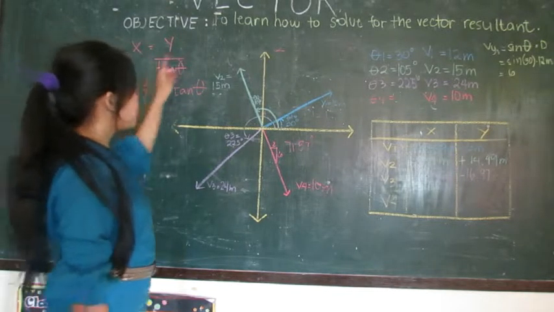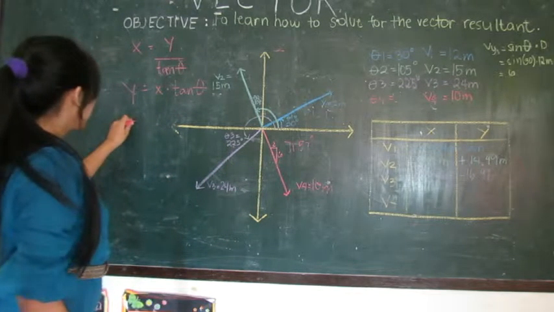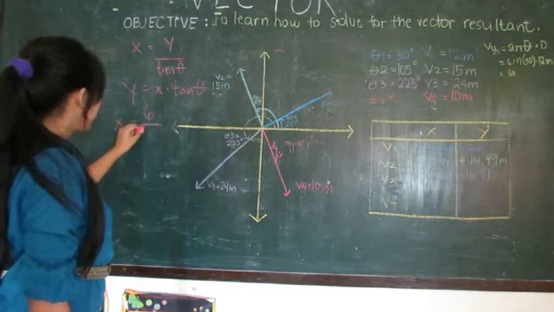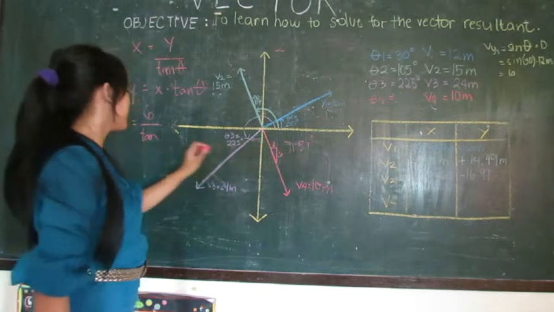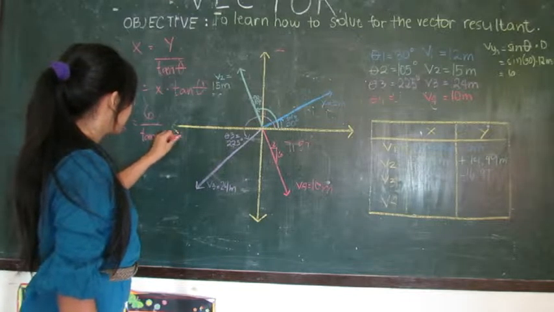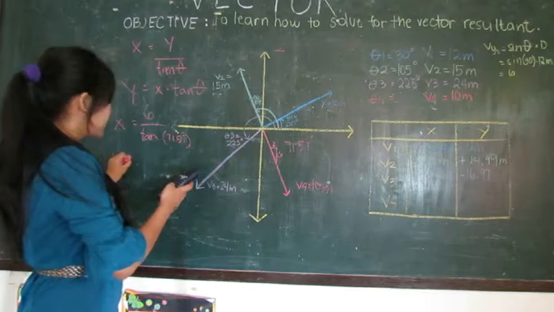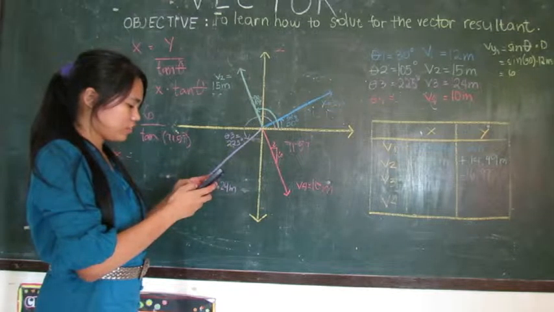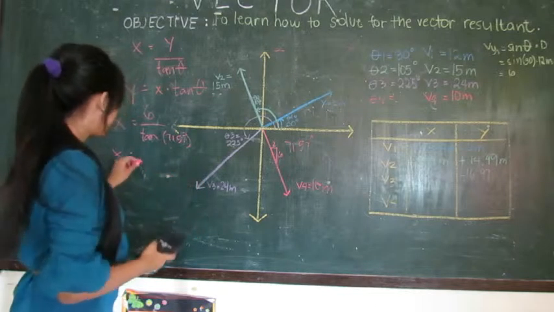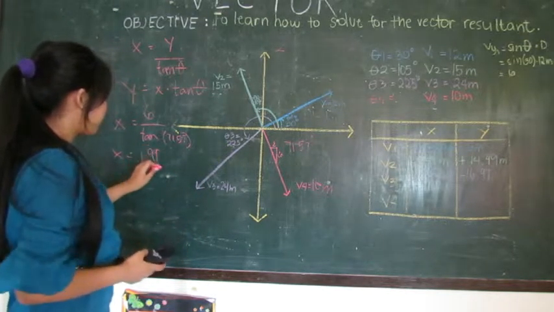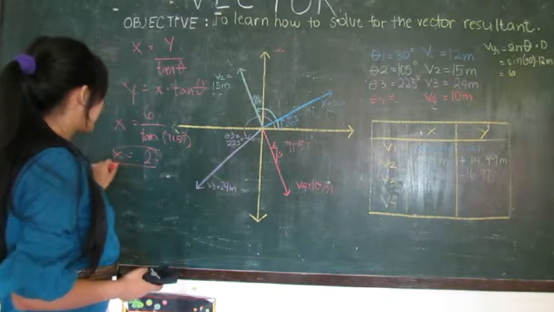Since y is 6, it will be 6 over tan of the angle, 71.57 degrees. The answer is 1.99, but if we round it up, it will become 2. So that is our x.